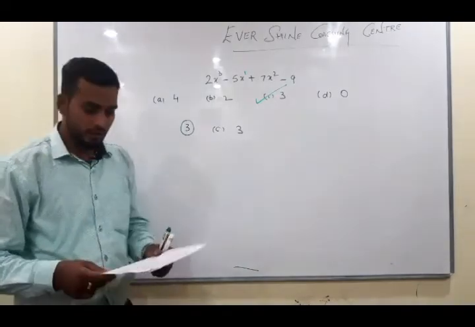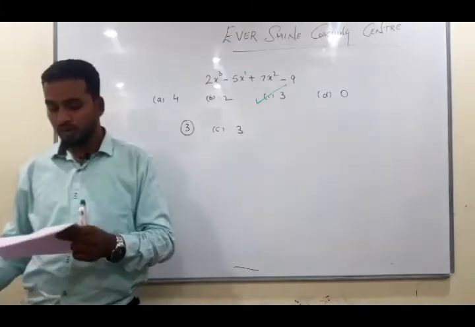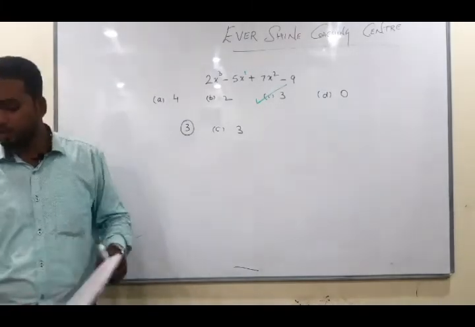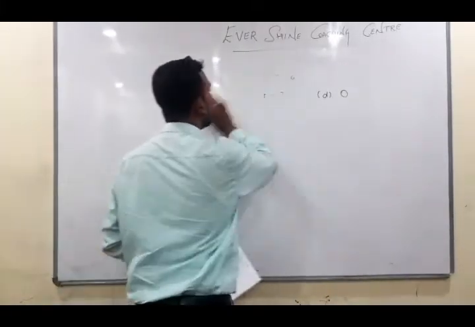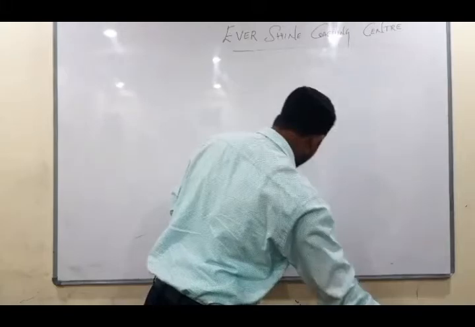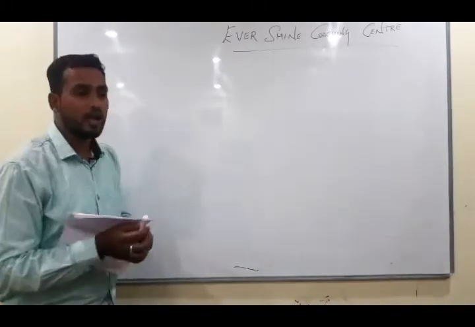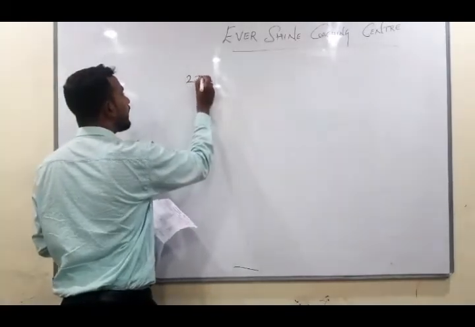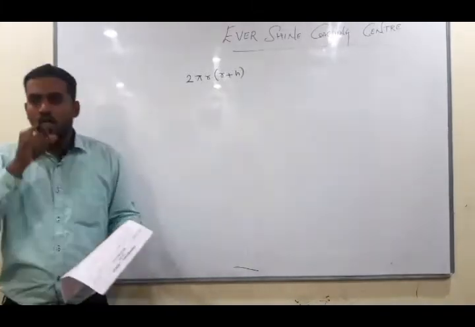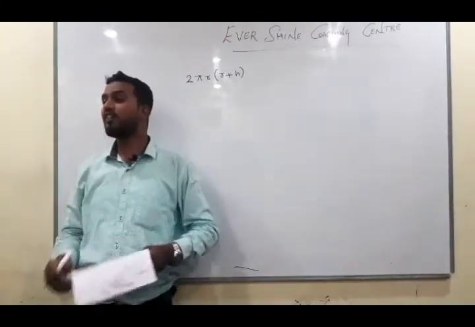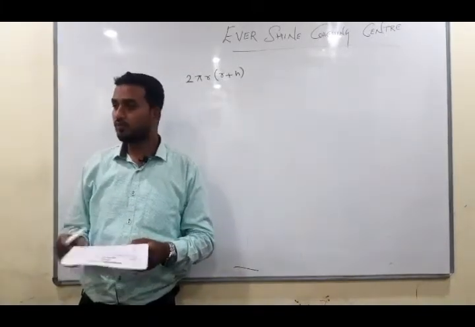Very good. Next question. If capital A is equals to 2 pi r into r plus h, full stop.